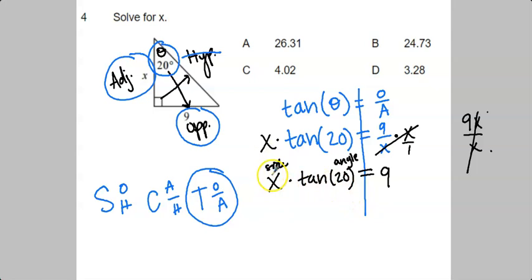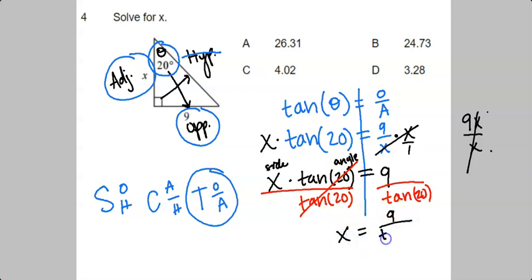But I need to get x by itself, which means I need to get rid of what it's being multiplied with. So we need to actually now go ahead and divide by tangent of 20. And then what we did to one side, we got to do to the other side. Again, tangent of 20 divided by tangent of 20, these match. So we're left with x is equal to 9 divided by the tangent of 20 degrees.